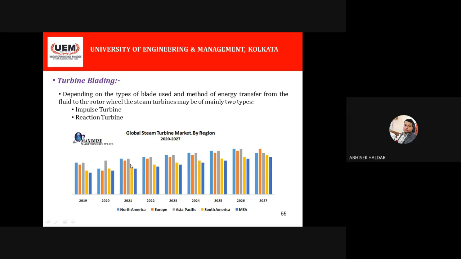Steam is coming from coal fired or some other fuel fired, but as steam turbines deal with hot steam, that market seems very good. But after 7 years it may so happen that there will be some decrement. Again, it's a prediction.